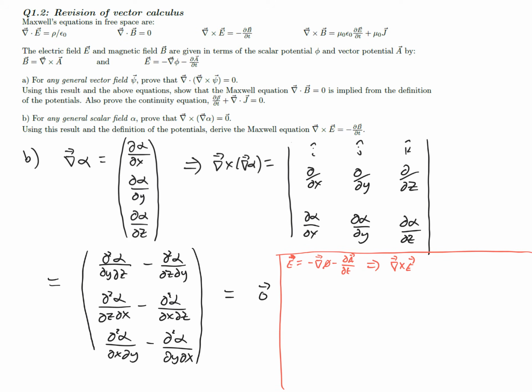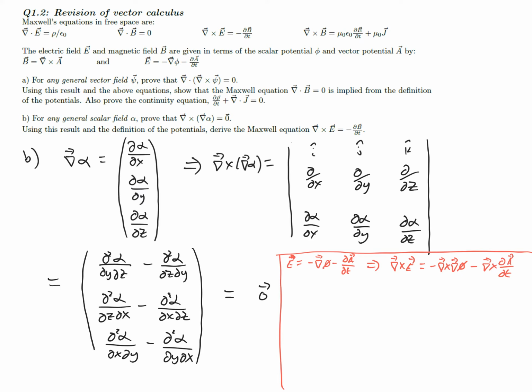And the reason why I'm taking the curl of this equation is because I want to end up with Faraday's equation, which involves the curl of A. So I'm going to take the curl of this whole equation. That's going to be minus the curl of the gradient of the scalar potential phi minus the curl of dA by dt.